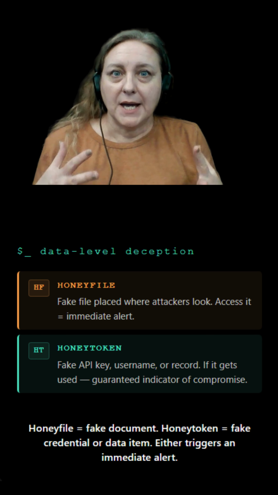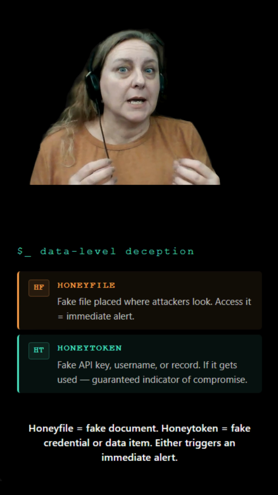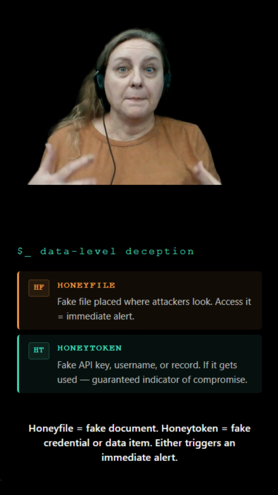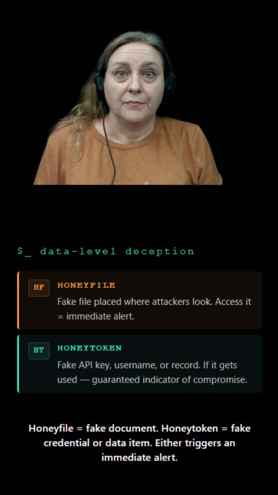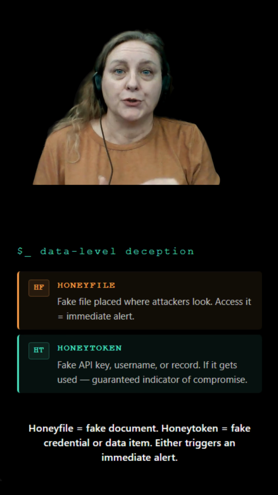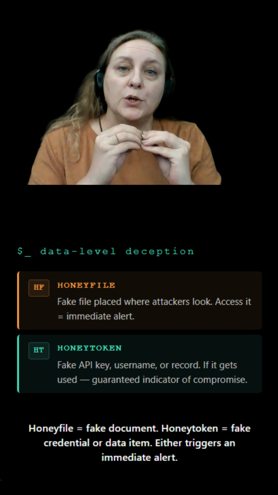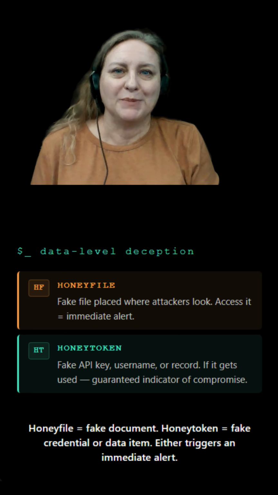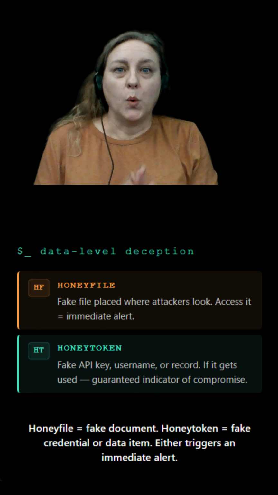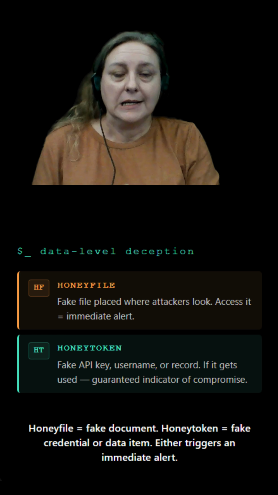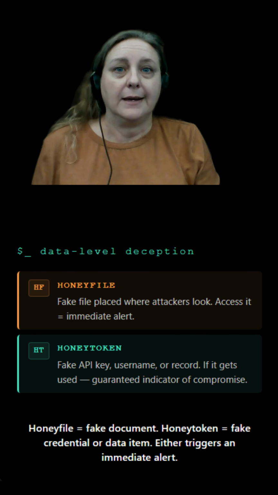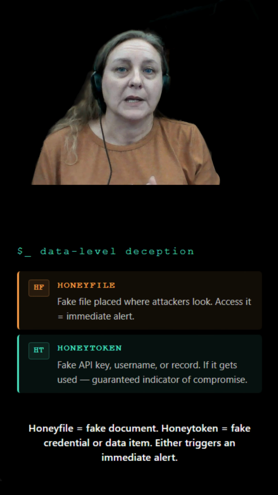It might be an API key, it might be a username, it might be a database record. If it's ever touched or ever used, you know there's something suspicious going on. It's what is called a guaranteed IOC, or indicator of compromise.